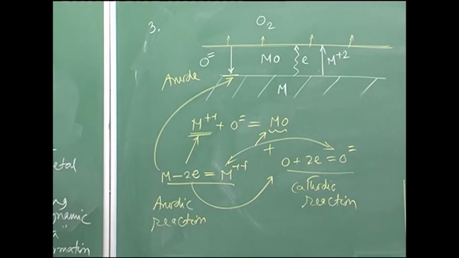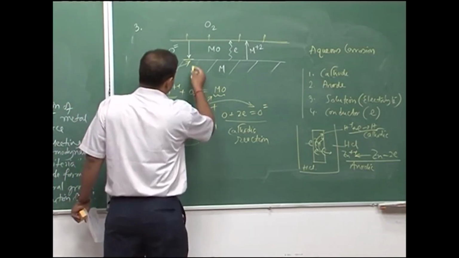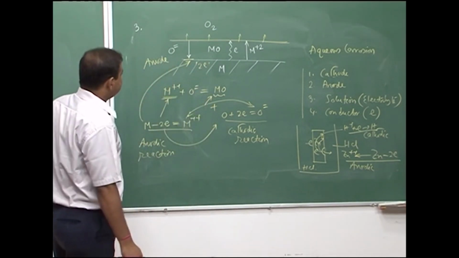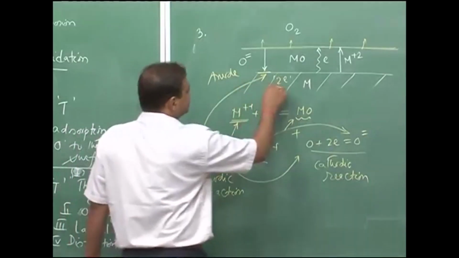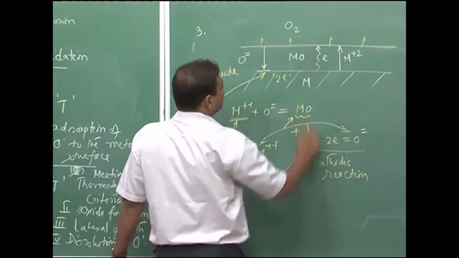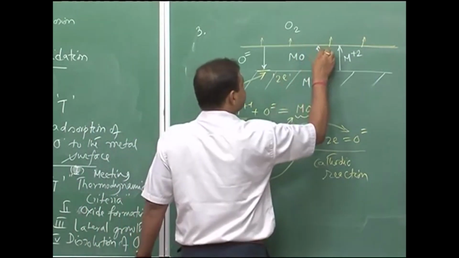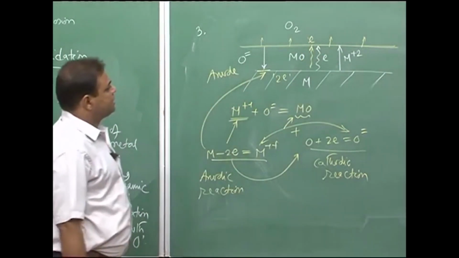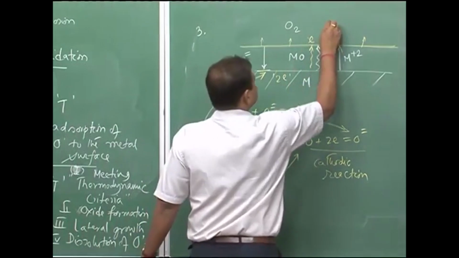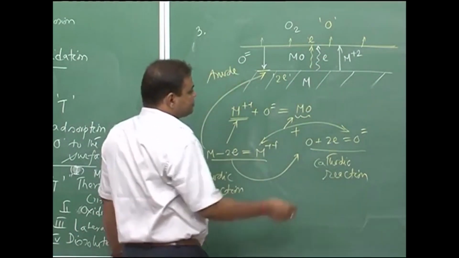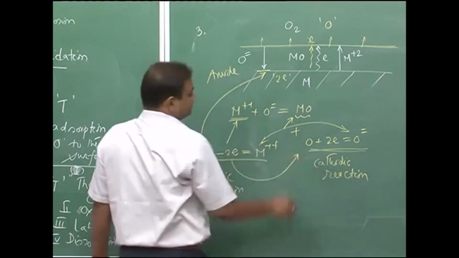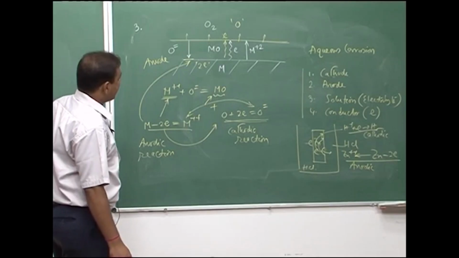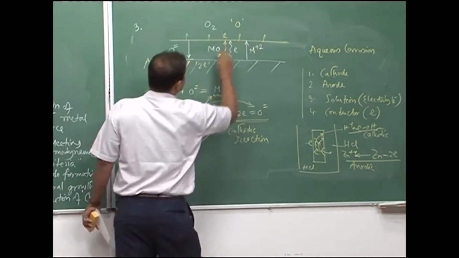Now, once we have two excess electrons in the metal, these two electrons can transmit through this oxide layer and come here, where adsorbed oxygen is already there. The adsorbed oxygen can take these two electrons, and then this reduction process can occur on this surface or interface.